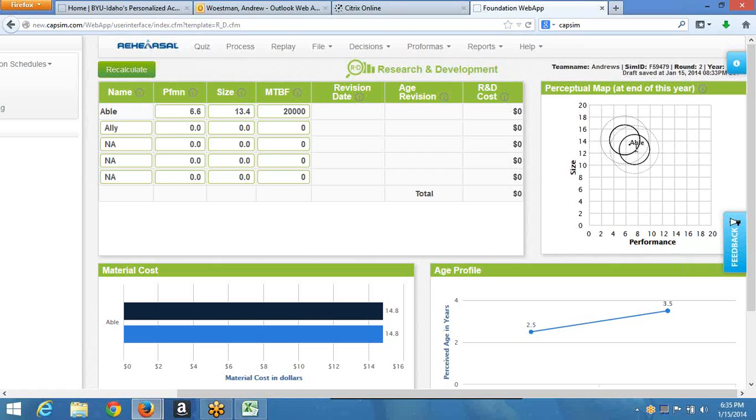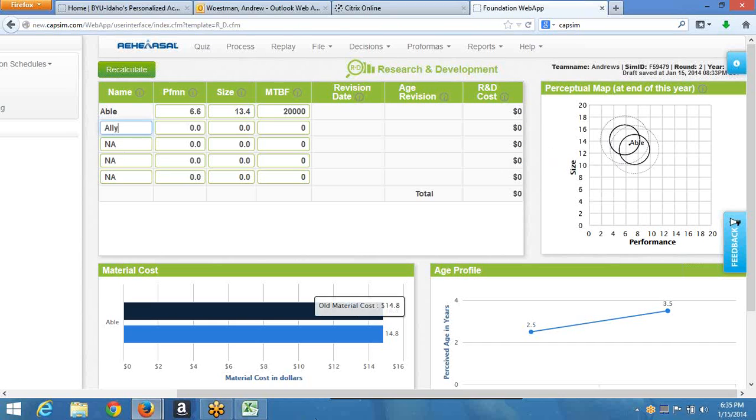Right now, Able is pretty good, so I'm not going to touch Able. Instead, I'm going to make Able my low-tech product because she's going to drift into the low-tech market, so I'm going to create a product for the high-tech market.